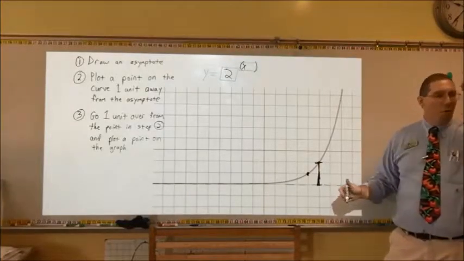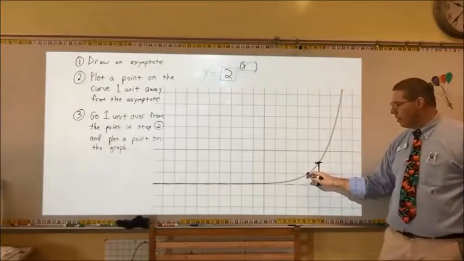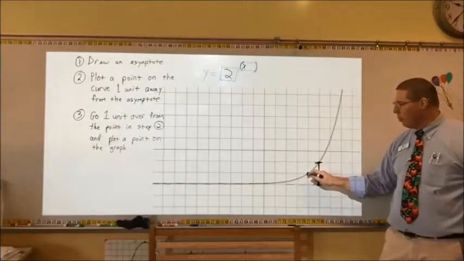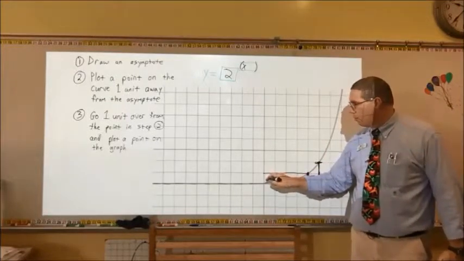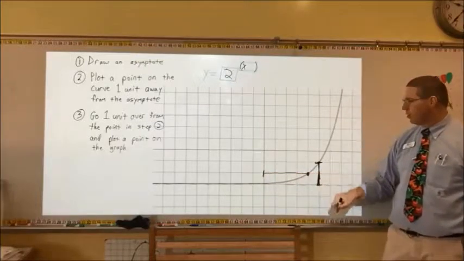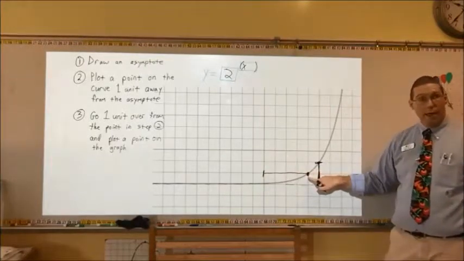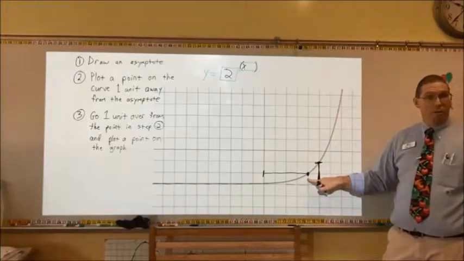And the way you find the horizontal shift is, remember the first point we plotted right here? Where is that point supposed to be? It's supposed to be at x equals 0, right? It's supposed to be right here. So how far over did it travel? 4, right? Which direction? To the right. So what is it going to be?